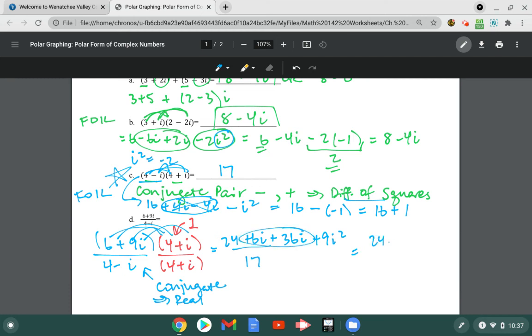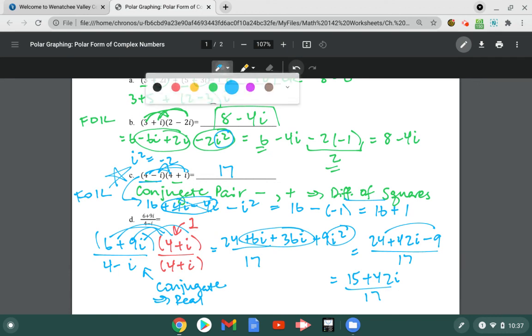Combining these, I get a 42i. And the plus 9i squared becomes minus 9, all over 17. So 24 minus 9, that's going to be 15. So 15 plus 42i all over 17.